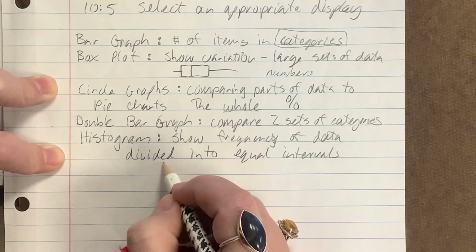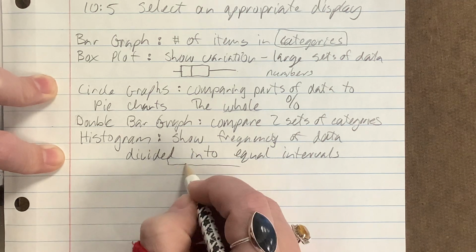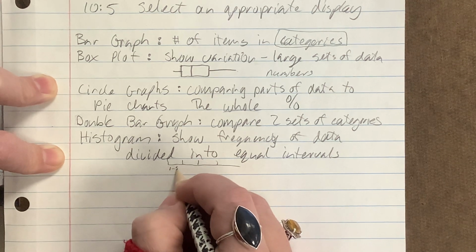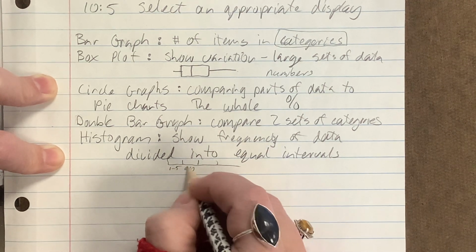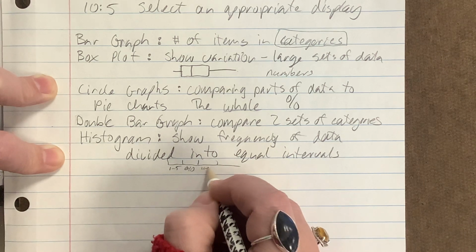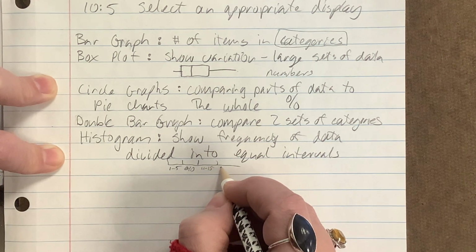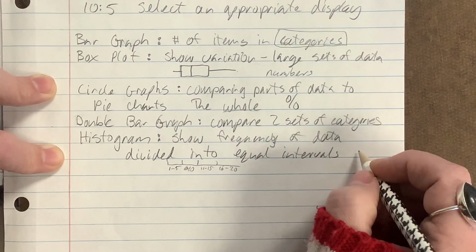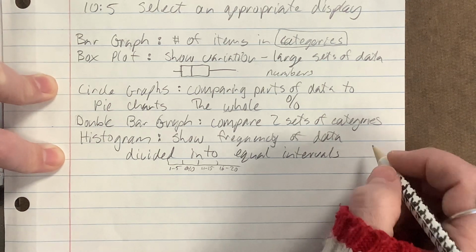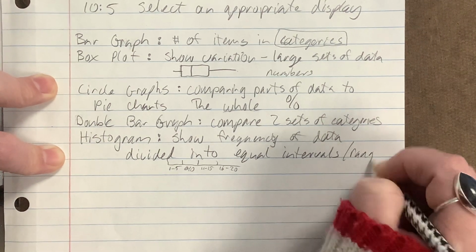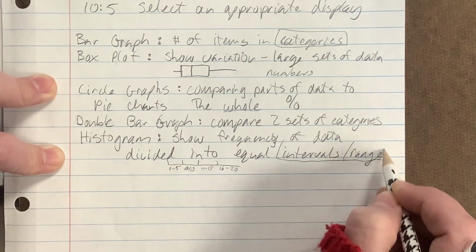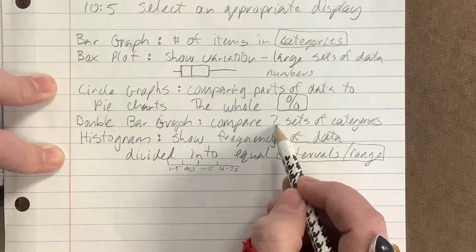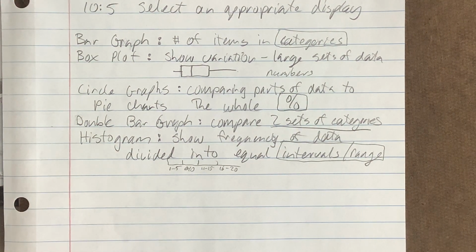Okay, so that means at the bottom of your graph, it's going to look like a bar graph, but this will be like 1 to 5, and this one would be 6 to 10. And then this one would be 11 to 15. And then this one would be 16 to 20 or something like that. So it's a range or an interval. So interval or range, if that helps you remember. And that's your key or clue words to that. I'm kind of circling the important bits of information, okay?